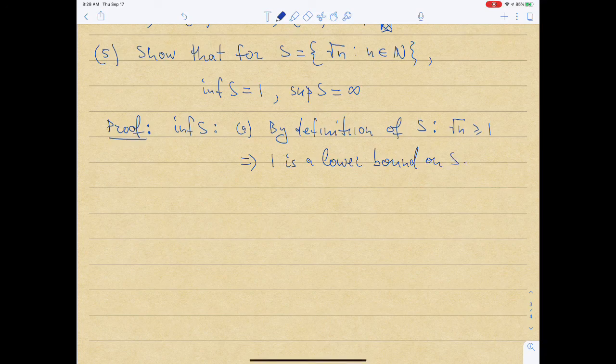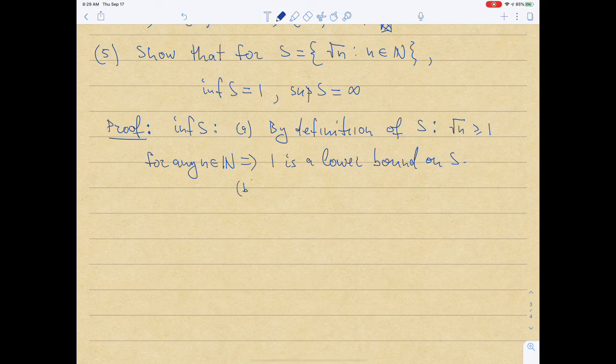So again, for any natural number n, square root of n is greater or equal than 1, for any n in N, since for any natural number this is true, then from the way I defined S, square root of n must always exceed 1, so 1 must be a lower bound on S.